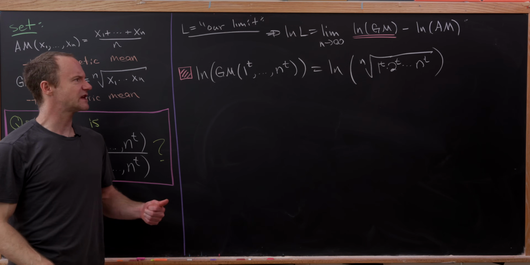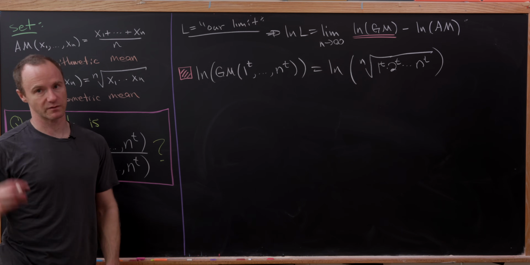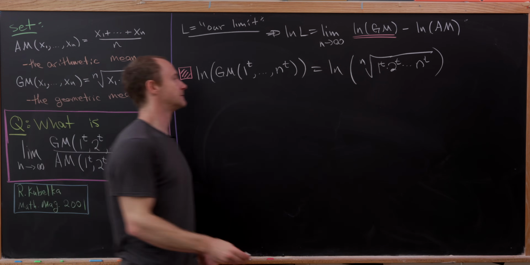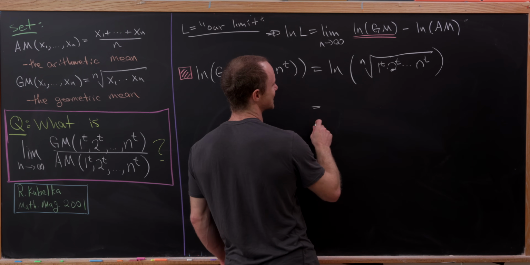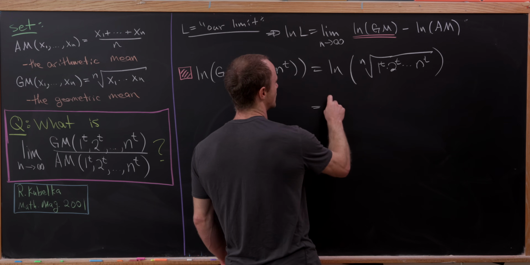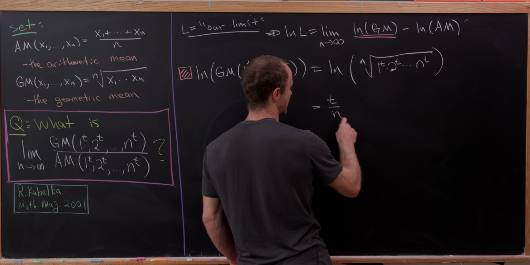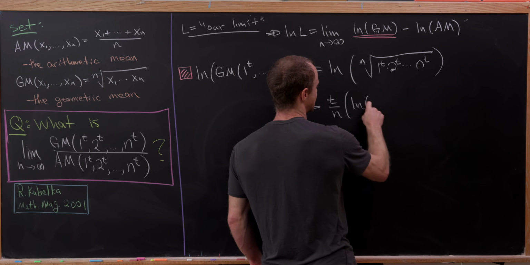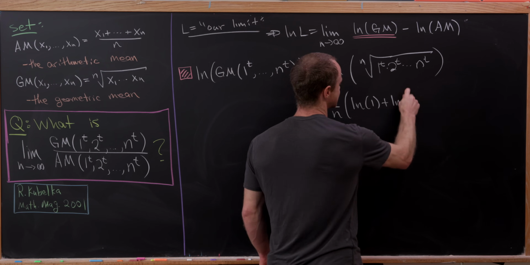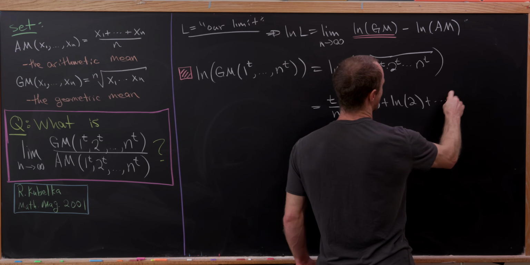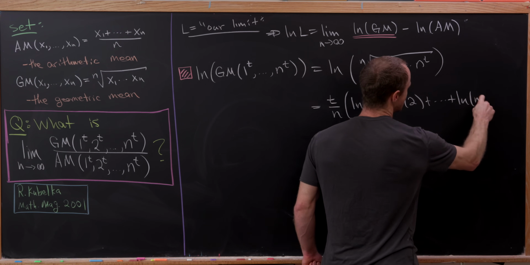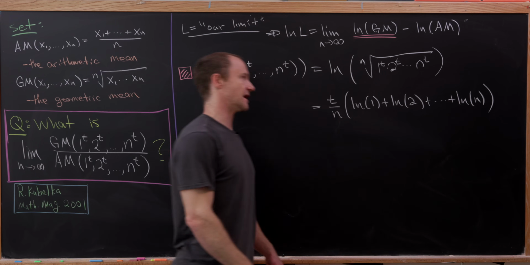But now what we can do here is use logarithm rules to simplify this a little bit. So observe that that's going to give us something like this. We'll have t over n times the natural log of 1 plus the natural log of 2 added all the way up to the natural log of n.